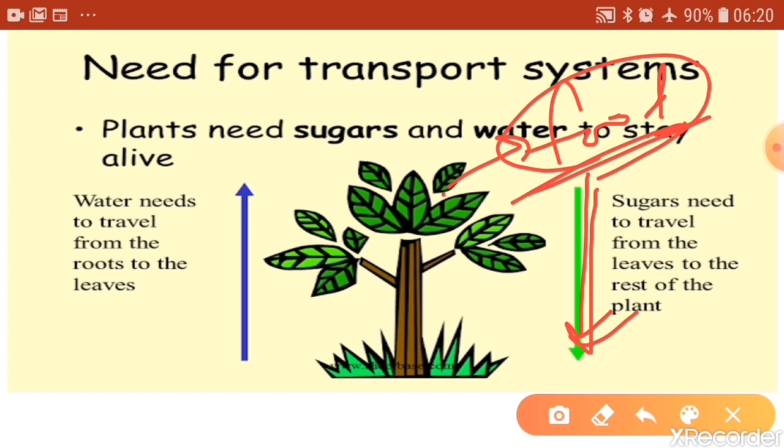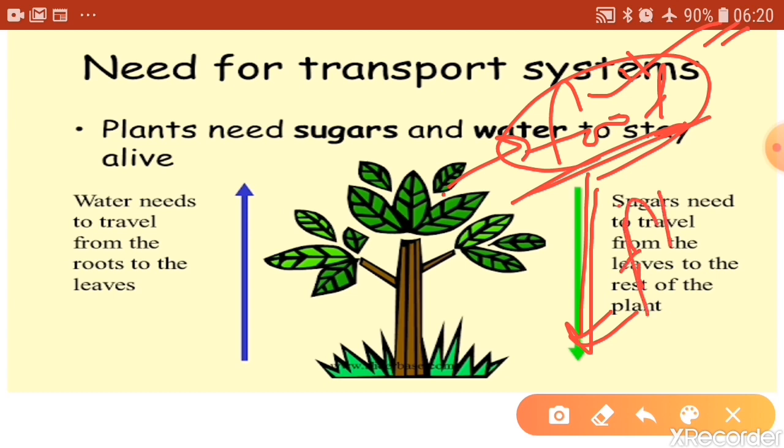It can only transport materials over shorter distances, but in plants, if the food or water and minerals are to be transported, the distances can be more than meters and meters. So for translocating food from the leaves or the photosynthesizing part to the distant parts, they have a transporting system which is called the phloem.